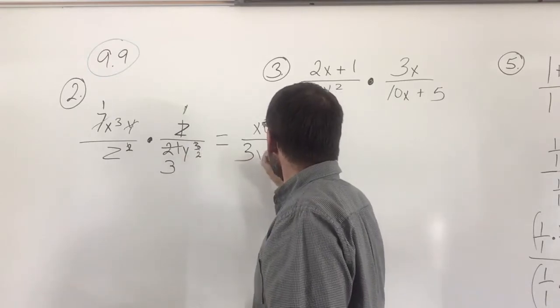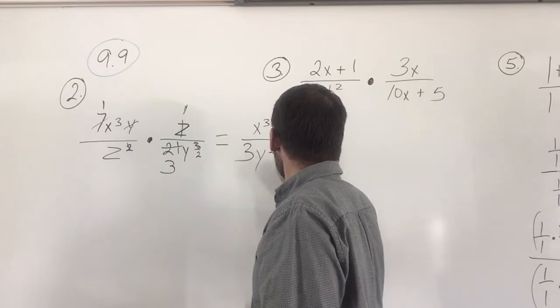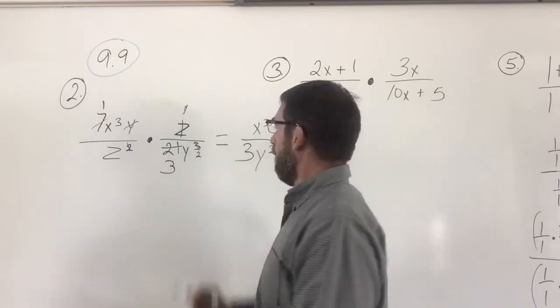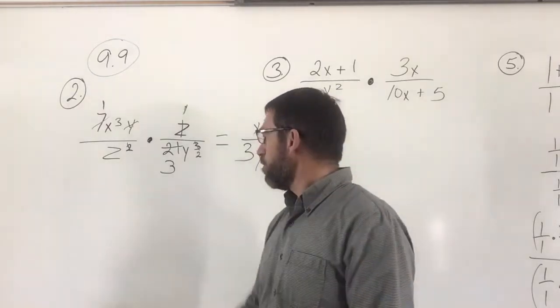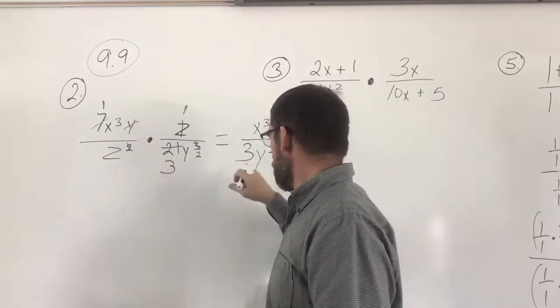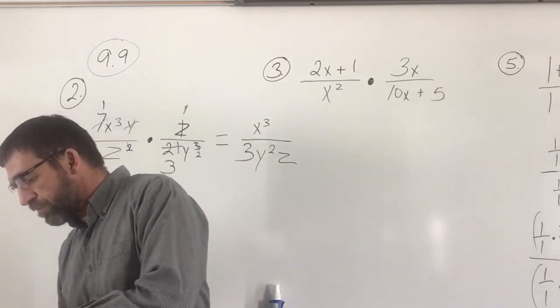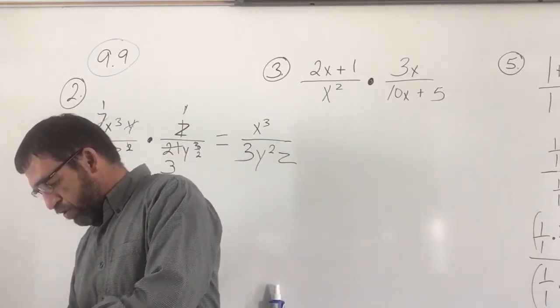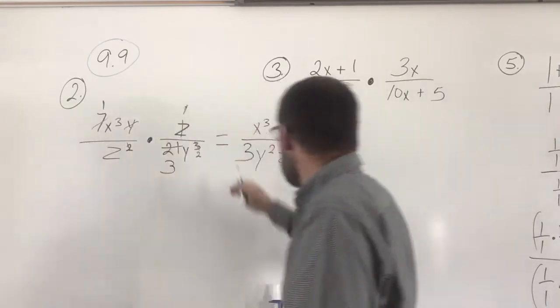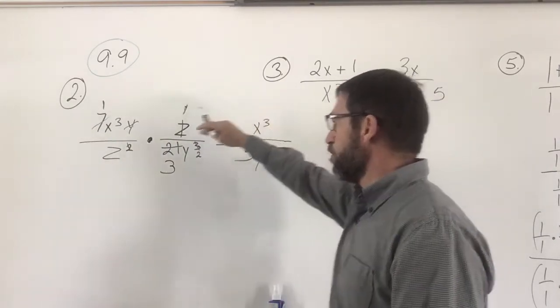Be careful, you're going to cancel out so much you won't even know what you canceled out. Okay, that's got it multiplied. I brought the z over here, the y squared I put here, and I put the 3. Now let me check that to make sure I got the correct answer. x cubed over 3y squared z. x cubed over 3y squared z. Correct. This is your answer for number 2.